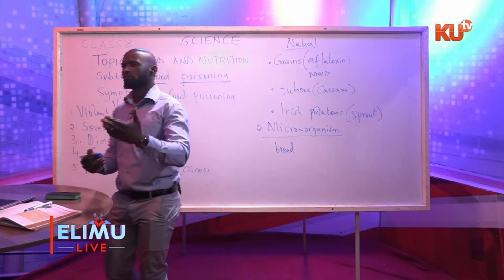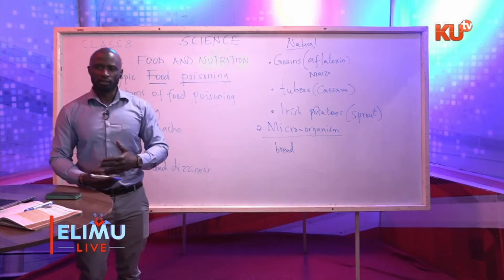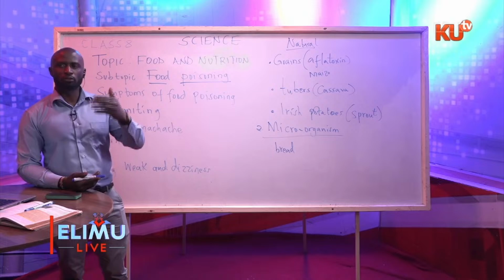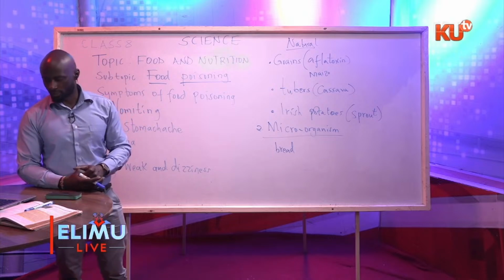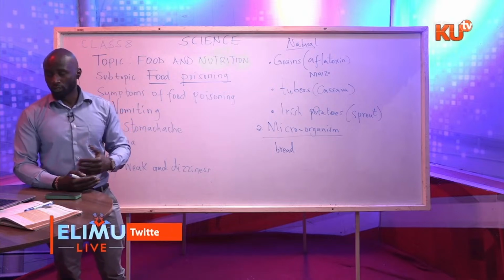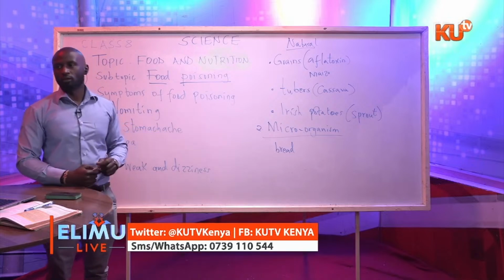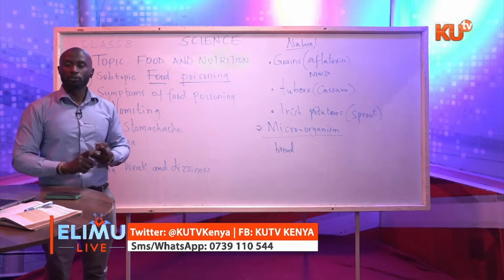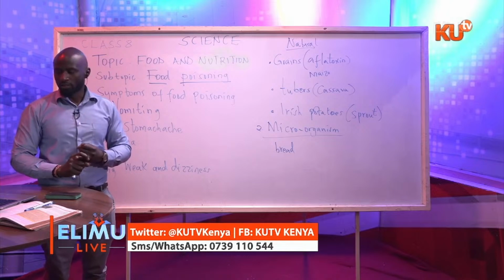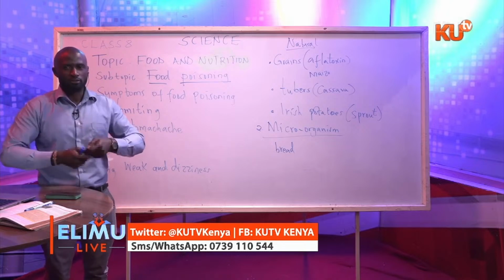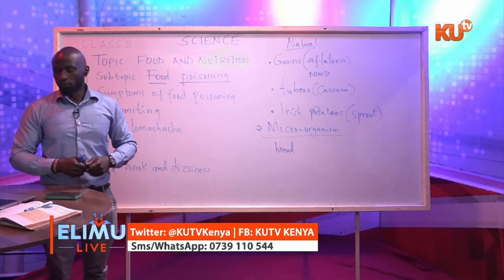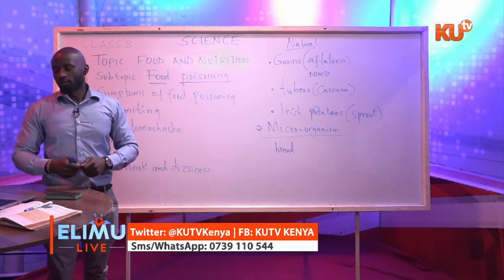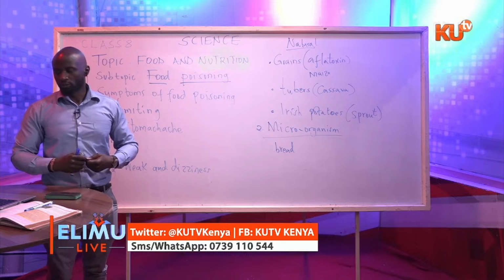Now, having talked of food poisoning as our subtopic, under food and nutrition, and we talked of agents of food poisoning, whereby we mentioned chemicals and microorganisms, and we talked of symptoms, the sensations that one may feel when he or she is experiencing food poisoning.